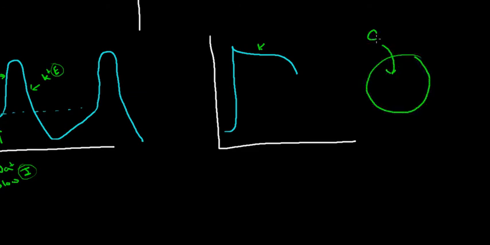calcium is influxing at the same time that potassium is effluxing. So what happens is you get this prolonged plateau phase. So you have potassium efflux and calcium influx occurring at the same time.